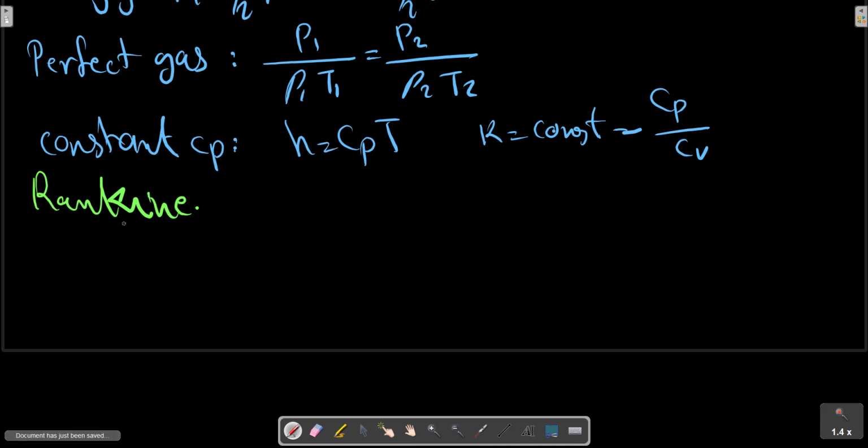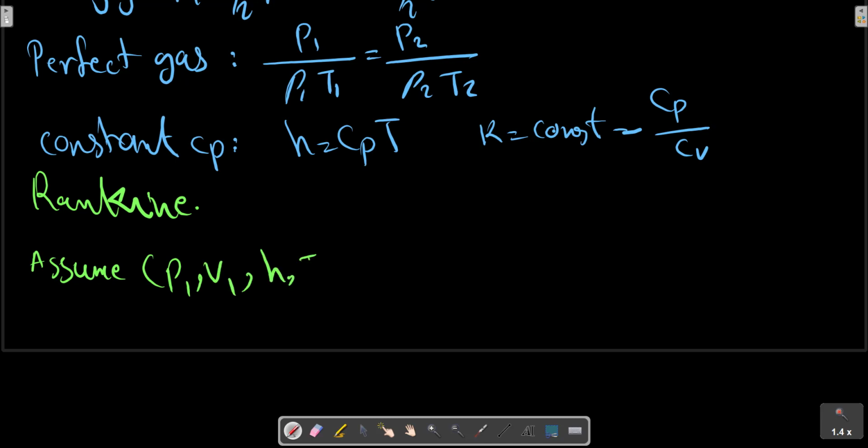If we assume that the upstream conditions are known, for example, at upstream point 1, P1, T1, V1, and H1 are known, two solutions are found, and the correct one is determined from the second law of thermodynamics, which requires that S2 be greater than S1, an increase in entropy.